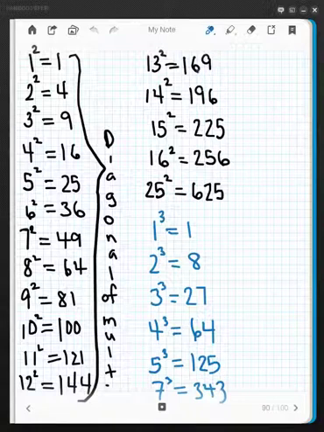Notice how these last two numbers get scrambled. 15 squared 225, 16 squared 256, 25 squared 625. 1 cubed equals 1, 2 cubed equals 8, 3 cubed equals 27, 4 cubed equals 64, 5 cubed 125, and 7 cubed is equal to 343.